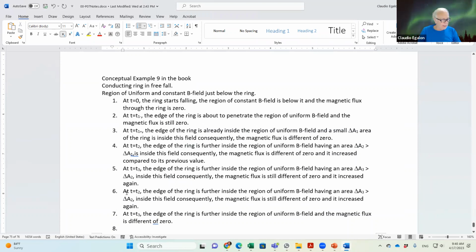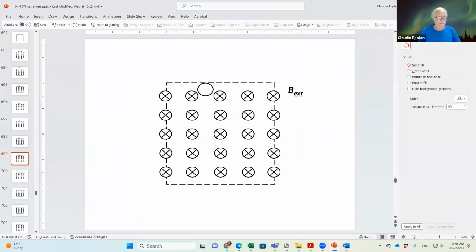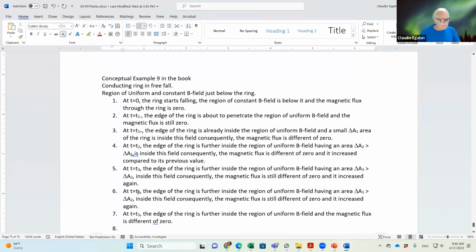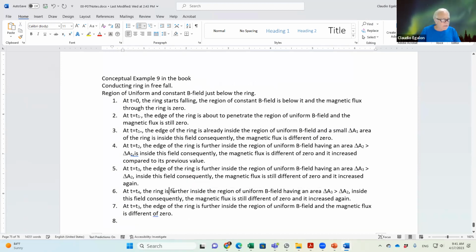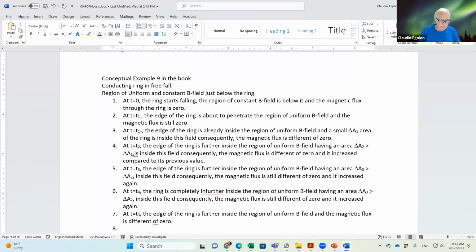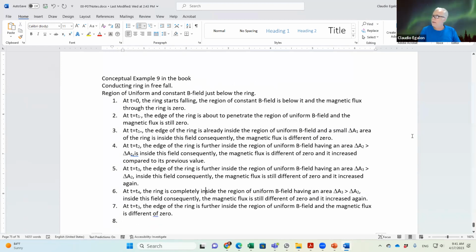Finally, at t4, the ring is completely inside the region of uniform field, having an area delta A4 greater than delta A3.